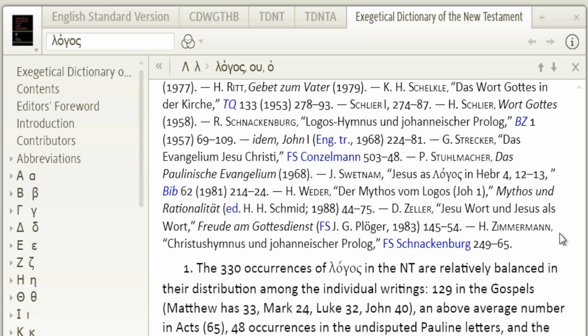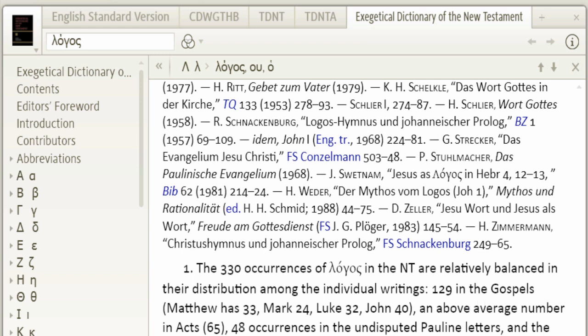The bibliography, for the most part, contains articles from journals that deal most exclusively with the usage of the word logos. So, for example, here's an article, Jesus as Logos, in Hebrews, chapter 4, verses 12 and 13. EDNT also provides concordance-like material, giving you the amount of occurrences of the word logos in the New Testament, where that word occurs the most, for example, 129 times in the Gospels, and it mentions where the word doesn't appear.